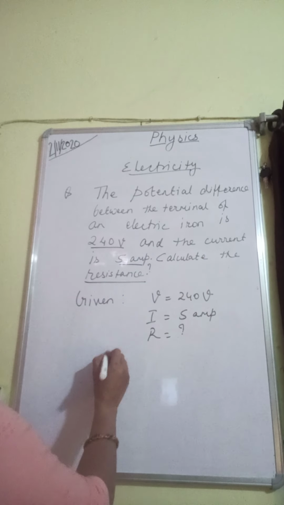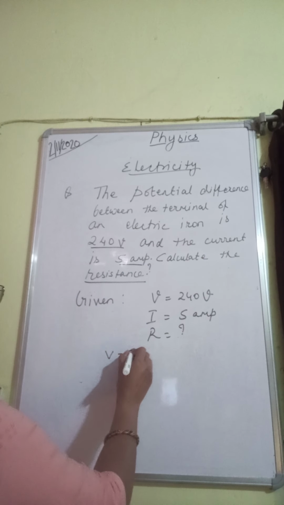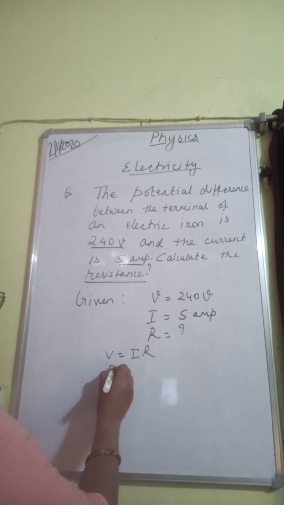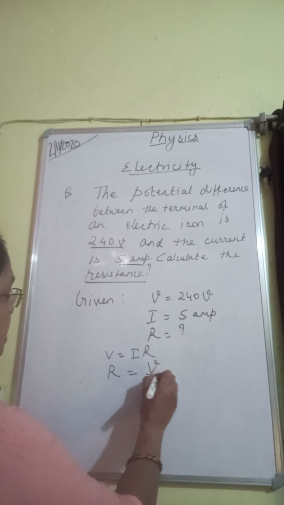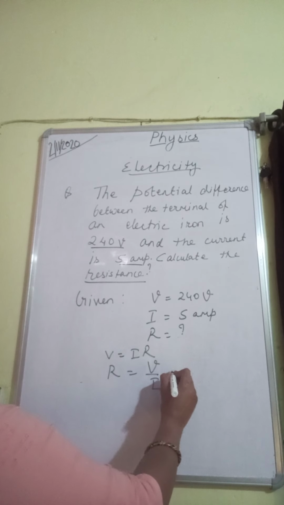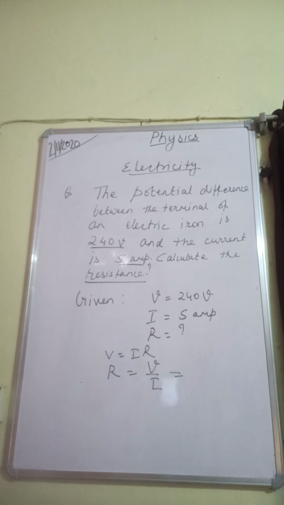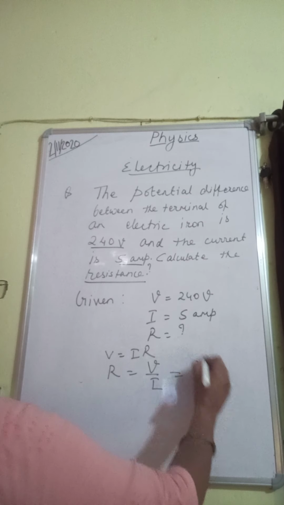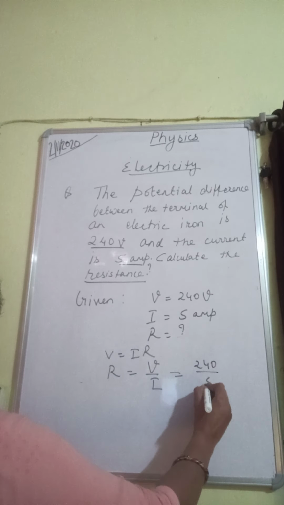From Ohm's law we know V is equal to IR. So we can write it as R is equal to V by I. What is R? V is 240 and I is 5.